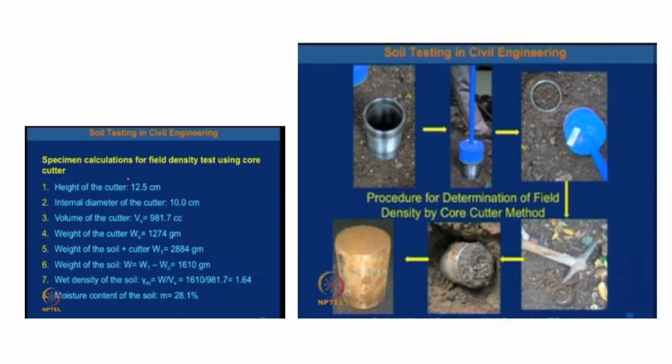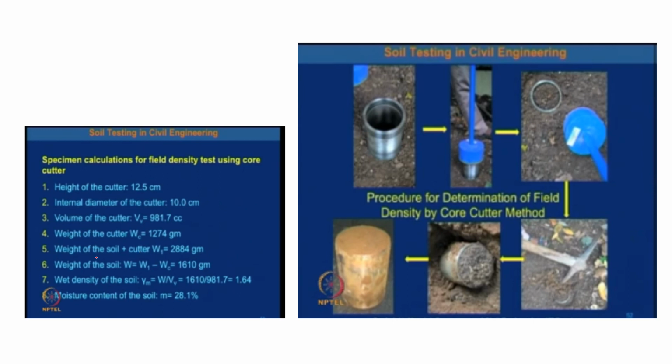So what are the parameters you measure? You measure the height of the cutter without the collar. I'm not talking about the collar now; you measure only the cutter height. You measure the internal diameter, then you find the volume. You know the empty weight of the cutter.